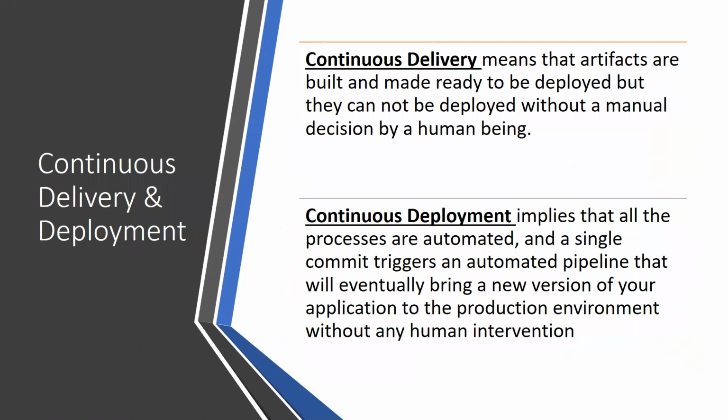So some manual intervention or decision is required. That is called continuous delivery. And when it is automatic, meaning it is moved to production after delivery, then it is called deployment. That is the main difference between delivery and deployment.